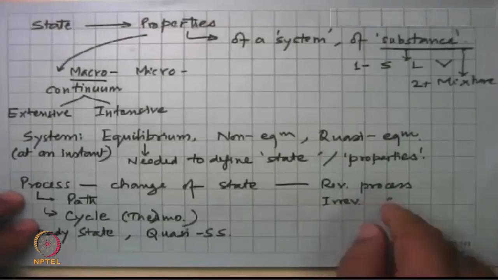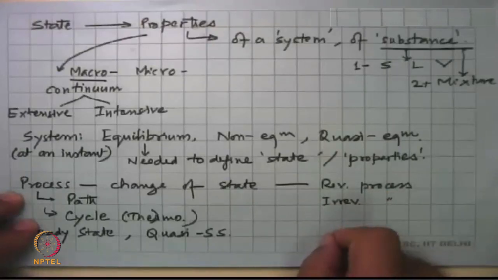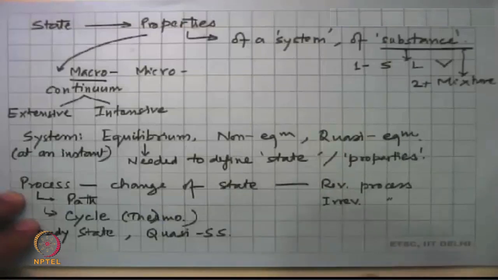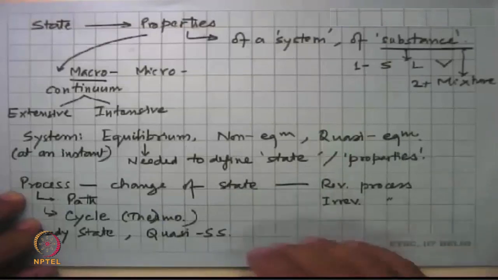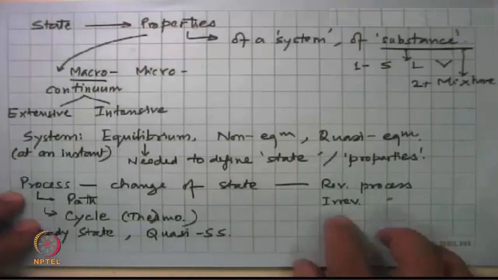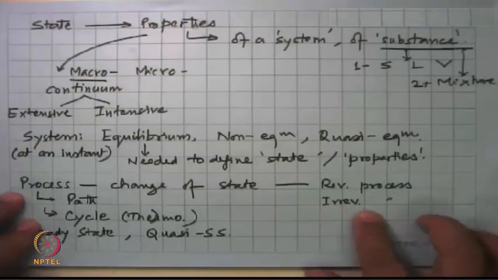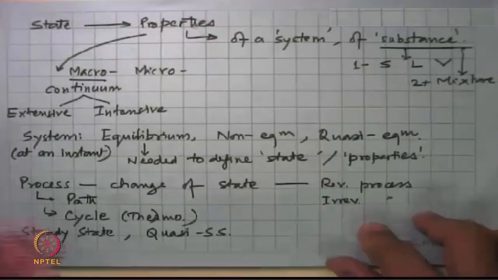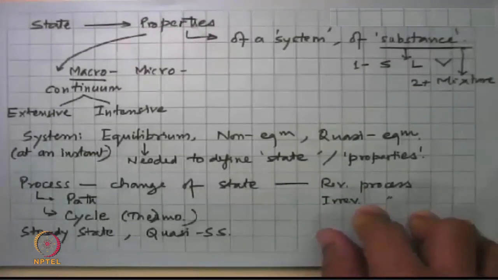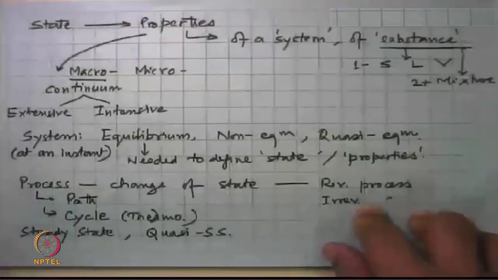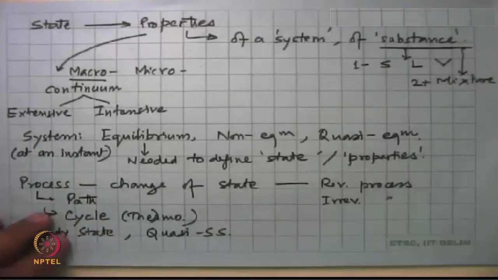That means the final state can be brought to the initial state without leaving any permanent change in either the system or the surroundings. And an irreversible process is one where, to bring it back to the initial state, we need to do something more that we did not do when the process originally went from its initial to final states.